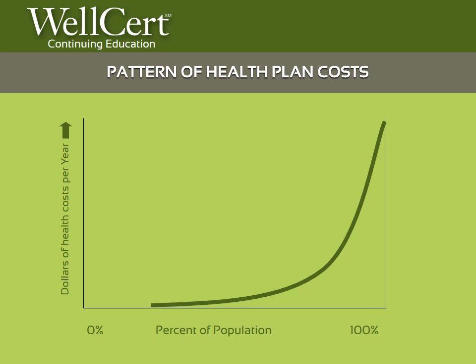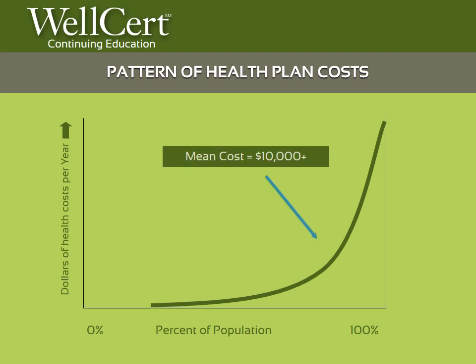And then the percentage of the population starts out fairly low, using a small amount, and then the amount of money involved goes up significantly. So when you look at the end of this chart, the last 5% are going to use maybe 50% of the claims dollars. That's called a very high level of skew in terms of those health plan costs.